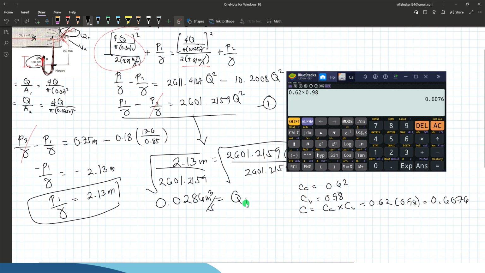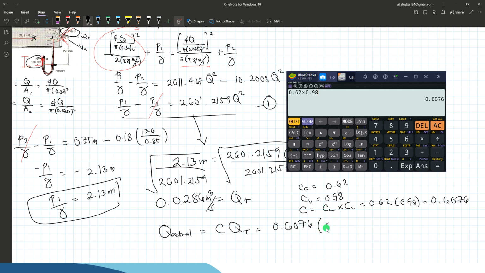Then we can compute the actual discharge by multiplying C by the theoretical discharge: 0.6076 times 0.0286 is 0.0174 cubic meters per second.